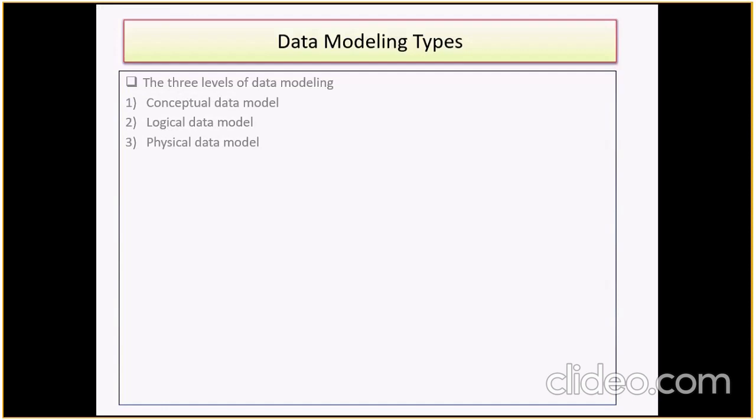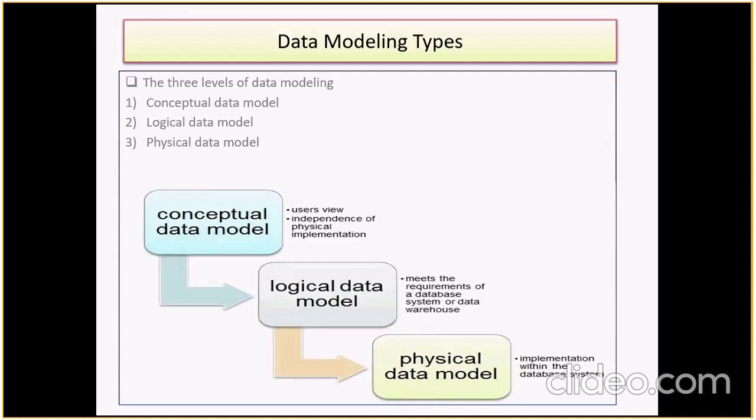Third is the physical data model. The physical data model is how we are going to implement it physically in the database, with all the data types and the relationships between the different entities. Here is a high level look. The conceptual data model is the business users' view, independent of physical implementation.